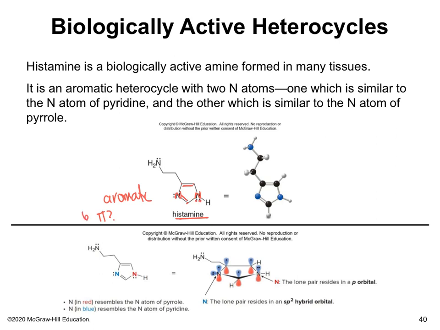You see the 6 pi electrons? Notice we did not count these because the nitrogen here is double bonded. If it's double bonded, we don't count them. Okay, so 6 pi electrons, and yes, it's aromatic. And you can see that the electrons on this nitrogen reside in this sp2 orbital, but these lone pairs are going to be in the unhybridized p orbital.